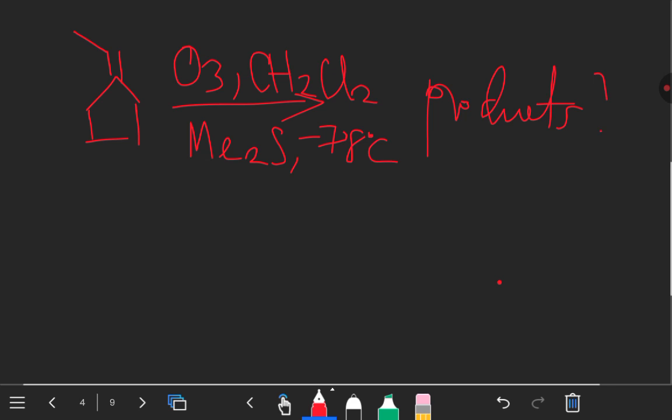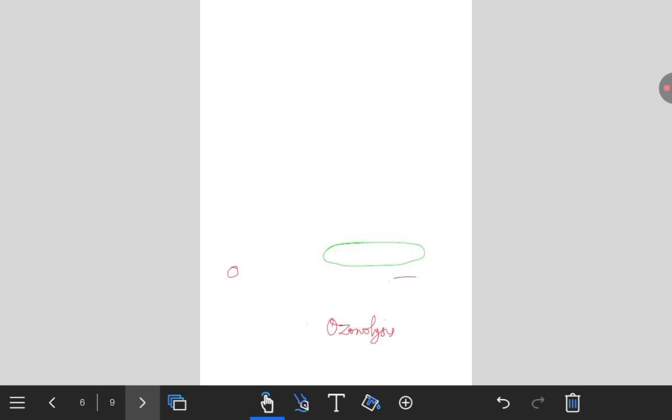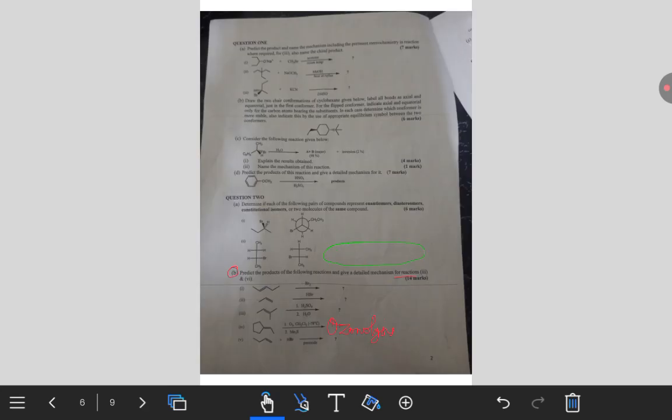So the question did not necessarily ask us to make the mechanism, but for the sake of understanding it better, so that we know what everything is coming from, we need first to know the mechanism. The question did not specify whether to write the mechanism for part number 4, but it was just requiring us to write the mechanism for parts 3 and 5.